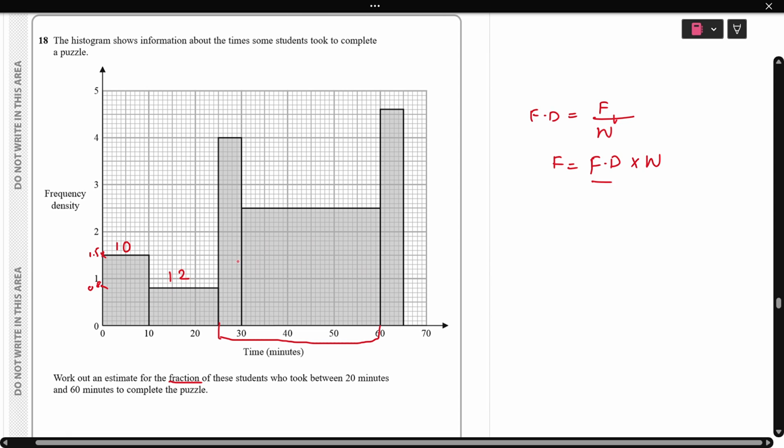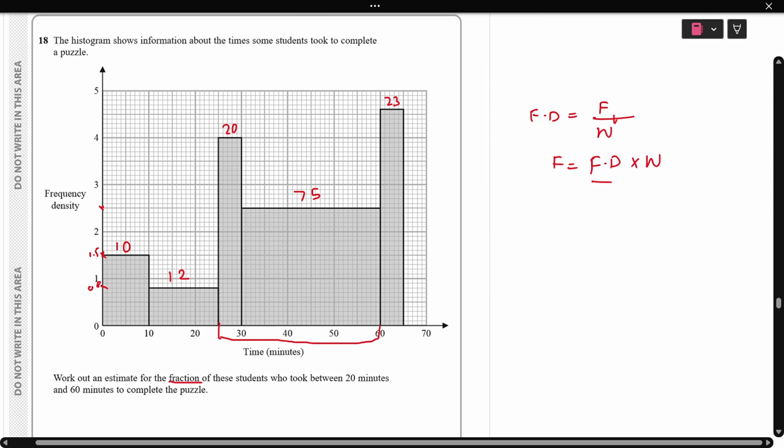Next, 25 to 30 is a 5. 5 times 4 is 20 students. And 30 to 60, the interval is 30. 30 times 2.5 is 75 students. Next is 60 to 65, the interval is 5. 5 times 4.5 is 23.